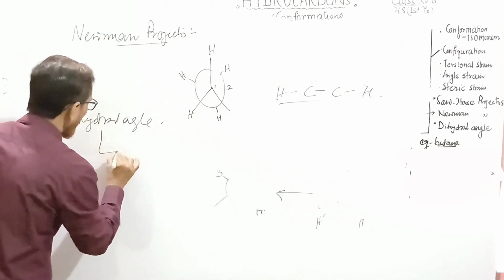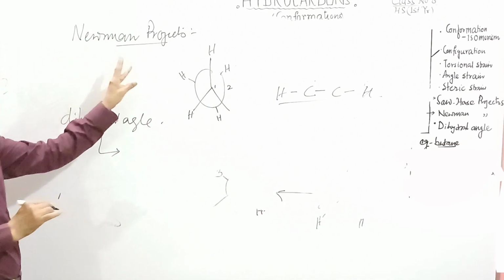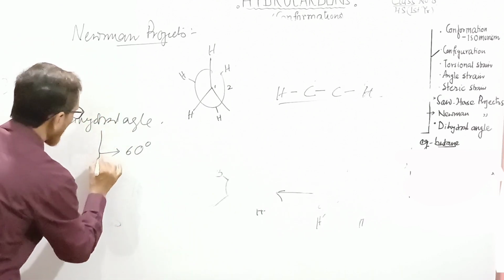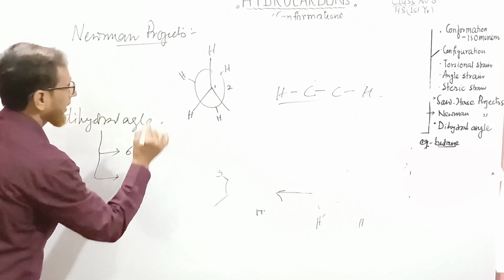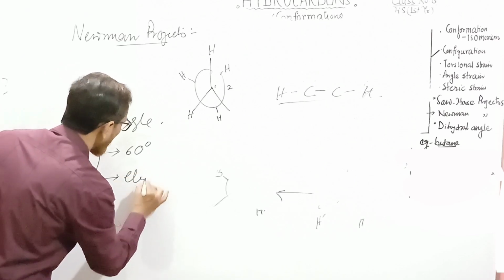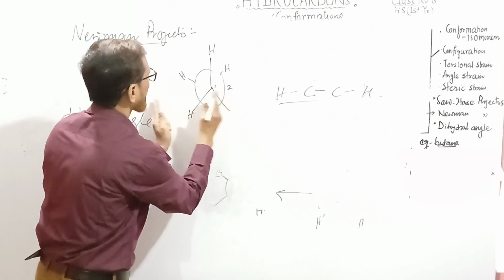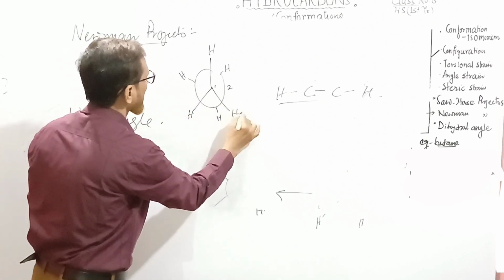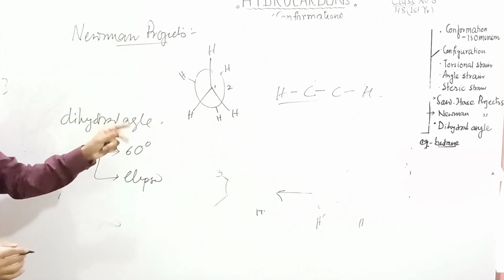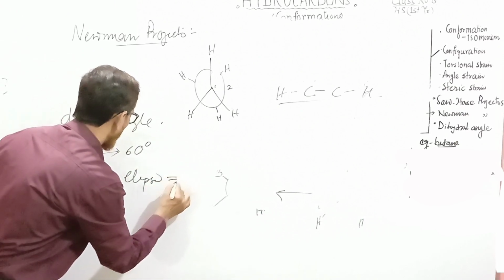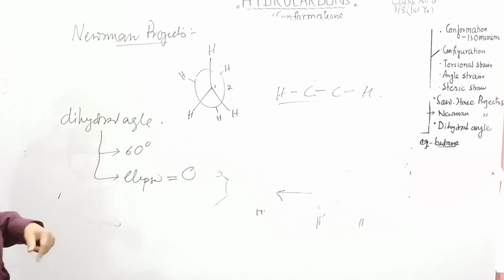So that dihedral angle for staggered configuration is 60 degree. Dihedral angle for eclipsed is, it is close to each other. So if these are very close to each other, dihedral angle for eclipsed is 0.